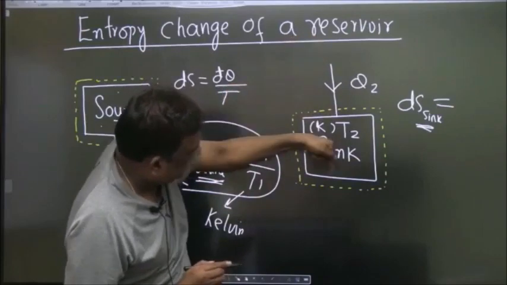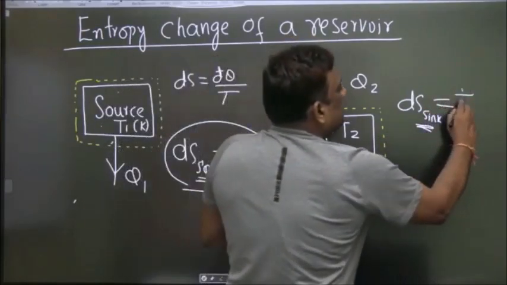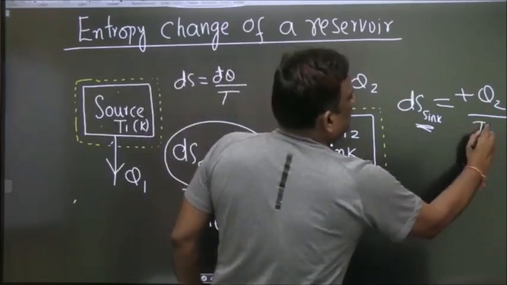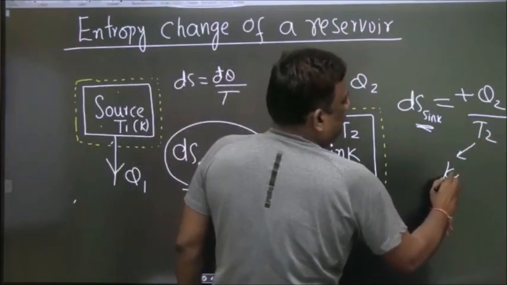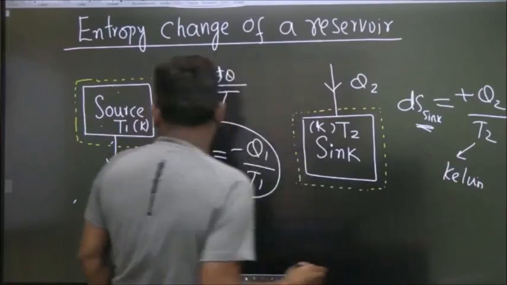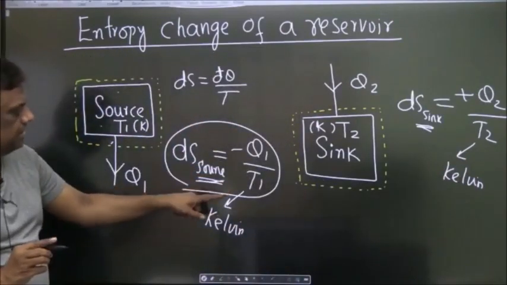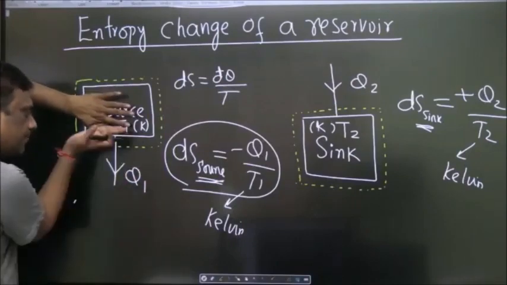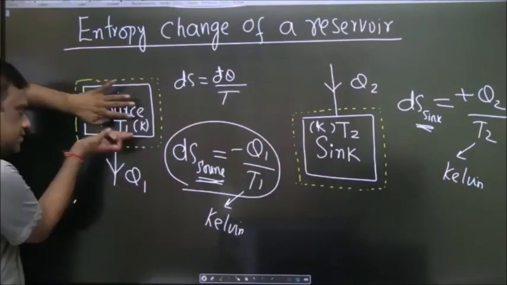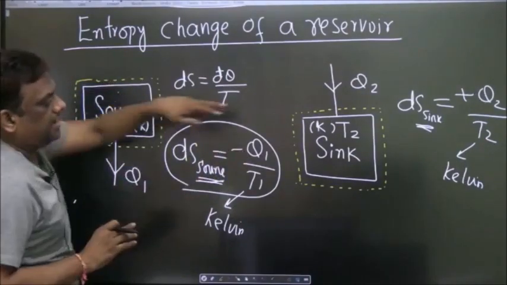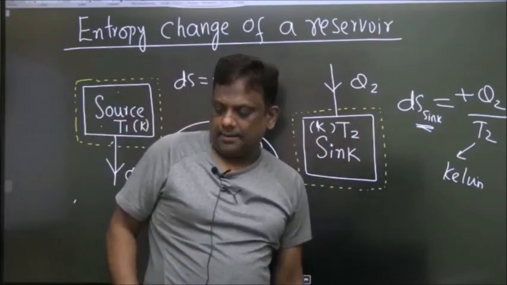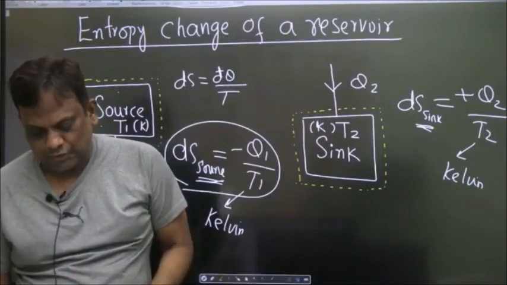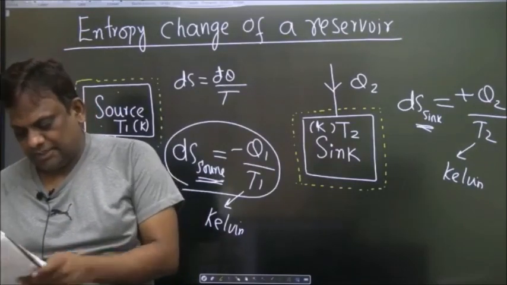Sink is gaining, so it is plus Q by T. It is T2. So please note down that for source it is minus Q1 by T1. Why is it minus for source? Because source is losing. Minus Q by T, and sink is Q2 by T2. Are we clear? So we have calculated the entropy change for source, sink, all those things.